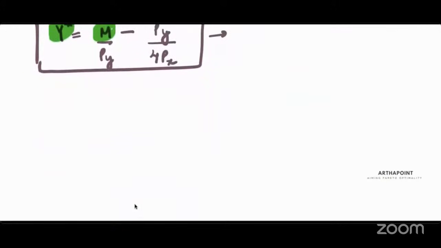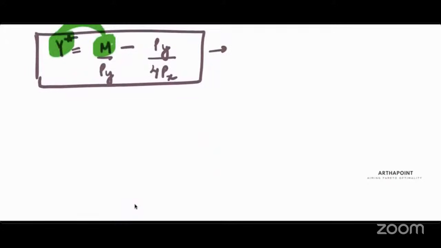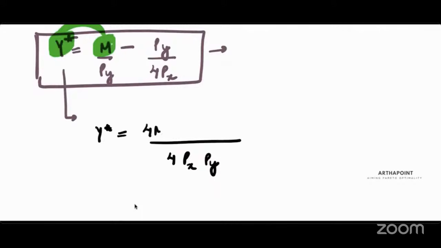Now, from here, let's just solve this y a bit more. So I will get y star. If I just take the denominator common, I will get 4px py, and here I will get 4m into px minus py square. Now here is the thing.